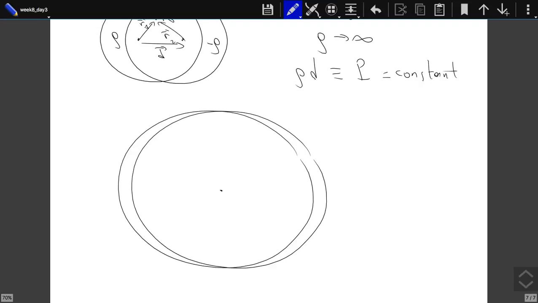This is kind of the center. Let me consider this area over here, and let me just consider this segment.